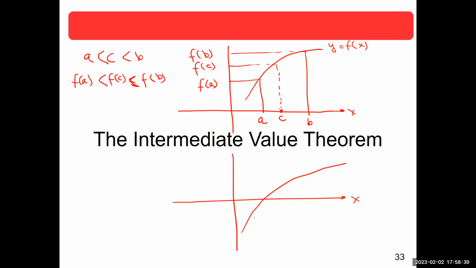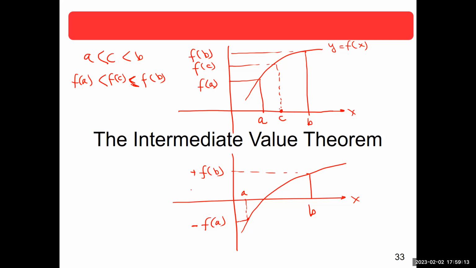If I have a point here, this is a, and the f(a) is a negative answer, negative f(a), let's call it. Now I have a b, and we find out the answer is a positive y. So let's call it positive y.